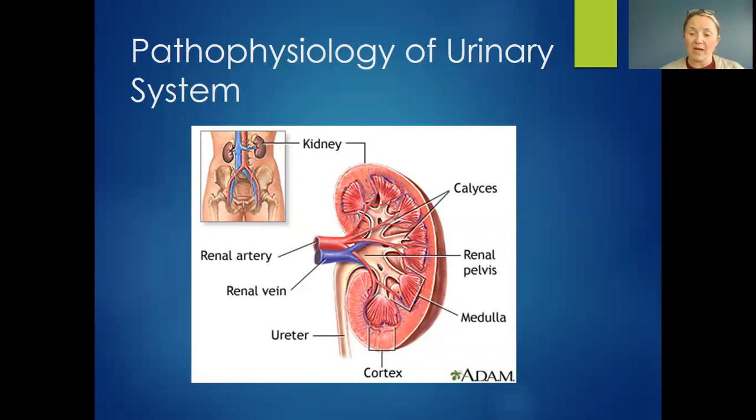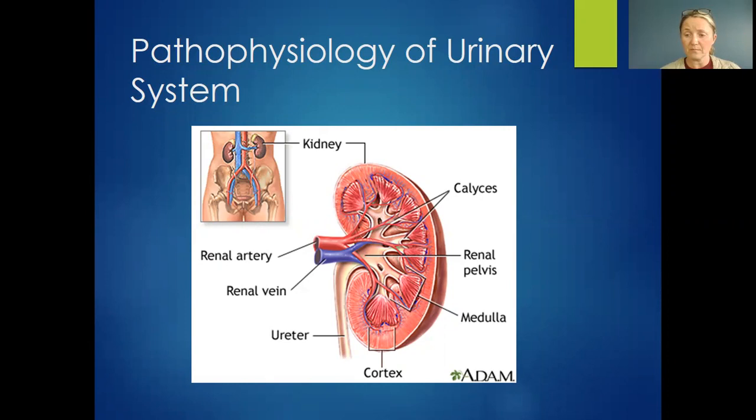They regulate vitamin D and calcium formation by converting vitamin D to its active form to help with calcium and phosphorus balance. They also regulate your blood pressure by producing the renin, and then that goes into your angiotensin system.